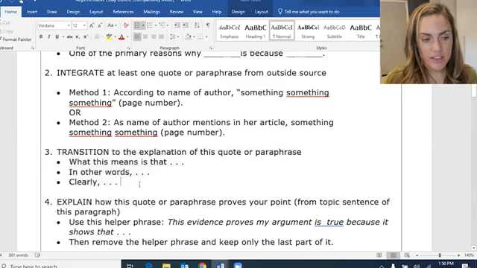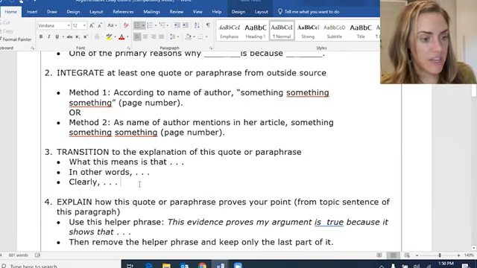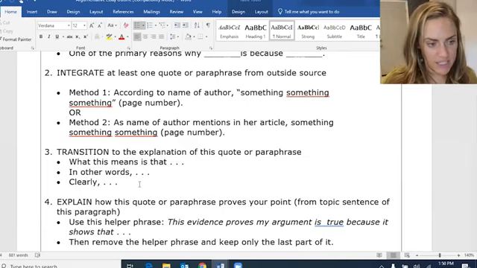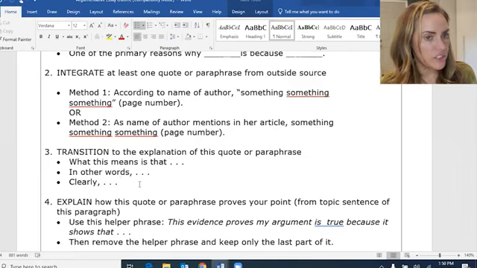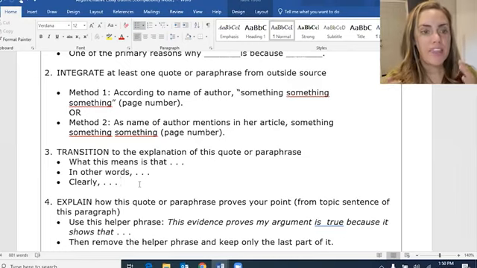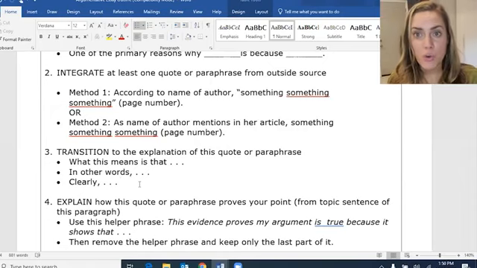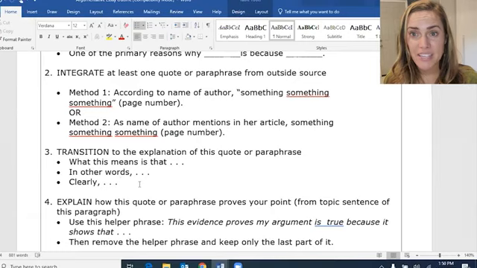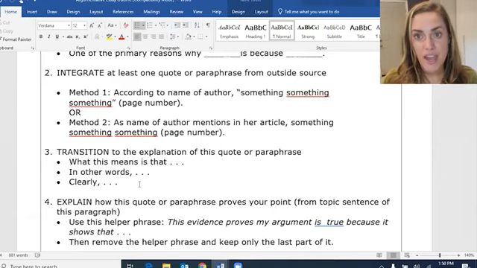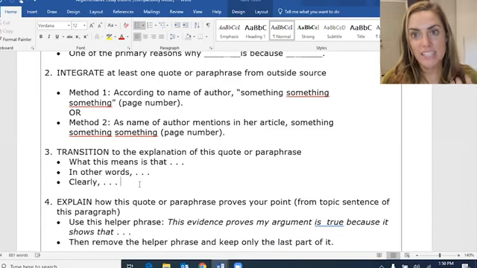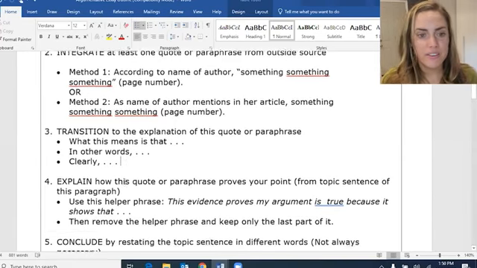So I recommend using phrases like this to transition, saying what this means is, or in other words, or clearly. That helps the reader. It signals to the reader that you're going to move from your quote or paraphrase to an explanation and analysis of how that connects to your point, your argument.